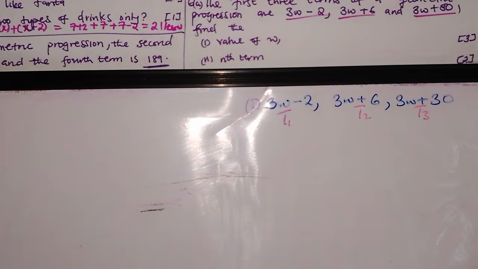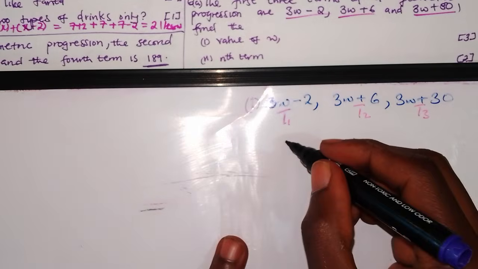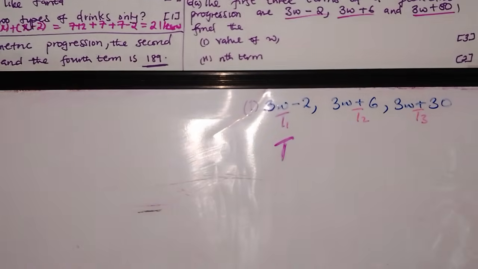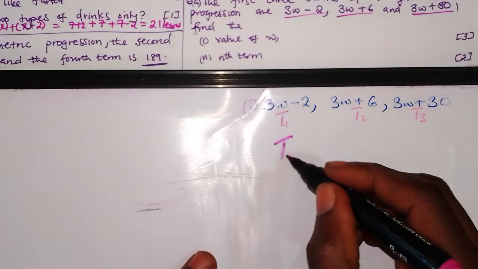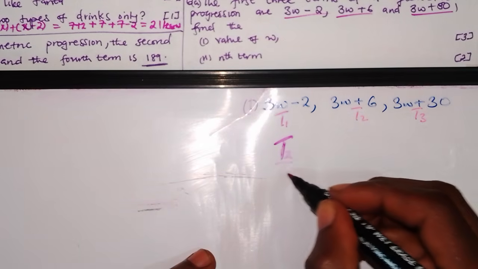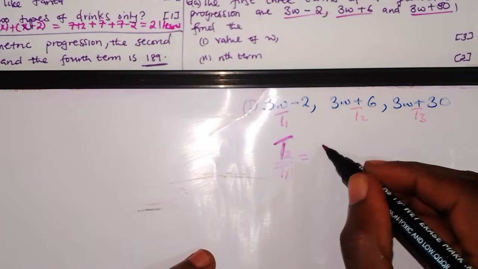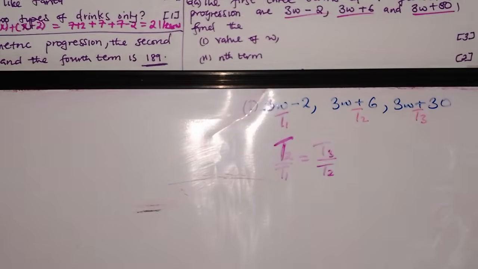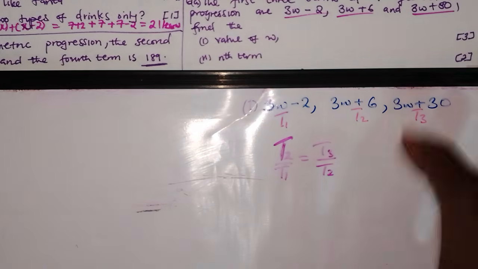Then what is the formula for finding the common ratio? T2 divided by T1. So the formula is, T2 divided by T1 is equal to T3 divided by what? T2. Why have we said it like this?